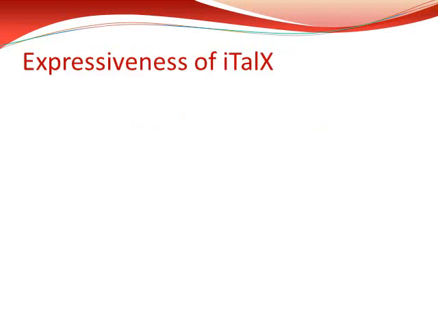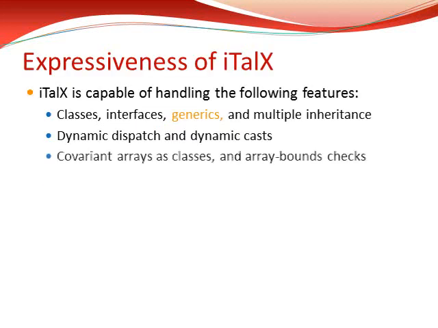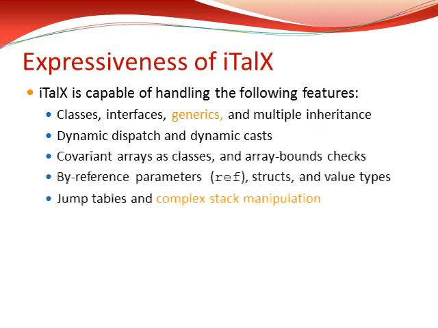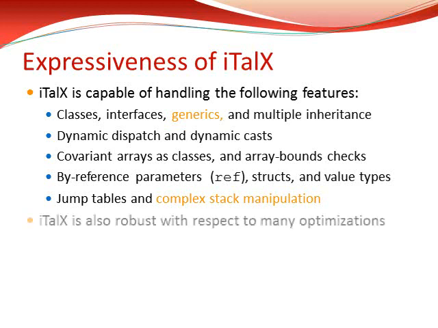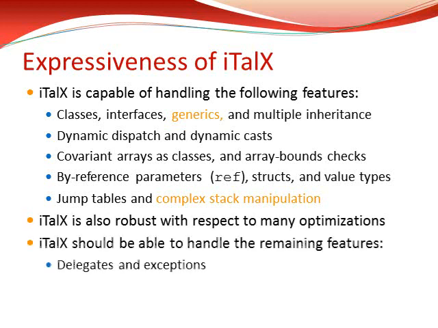Now for evaluating iTalX, first we looked into the expressiveness. iTalX is capable of handling many features. As I said, basically all the features of C#, some of which are new for type assembly language, such as generics and complex stack manipulation. So that means that not only do we make it inferable, we actually extended the expressiveness of our type assembly language. iTalX is also designed to be robust with respect to many optimizations, such as loop induction and variable strength reduction.